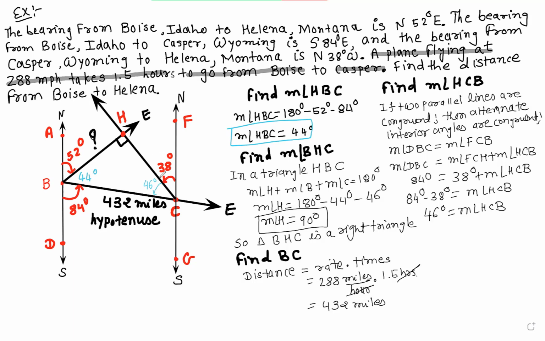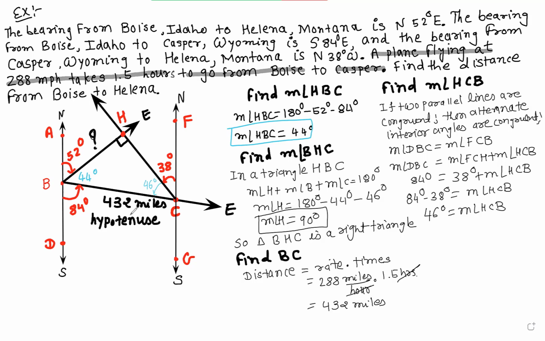Or you can use 46 degrees, but then you have to use sine. Why? Because if you use this angle, then this is the opposite side and the hypotenuse. You can't use tangent, because to use tangent, you have to have one angle given and at least one of the sides given, opposite or adjacent, but we don't have it. Instead, we have given the hypotenuse. So we can only use either the sine function or the cosine function.